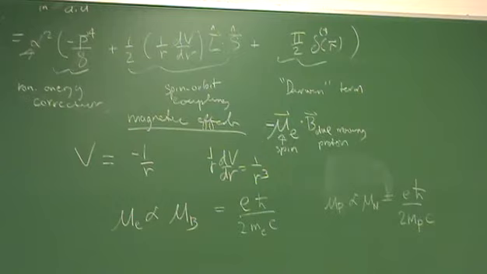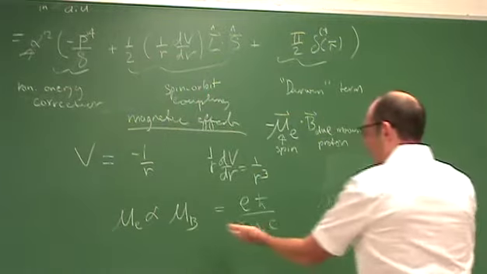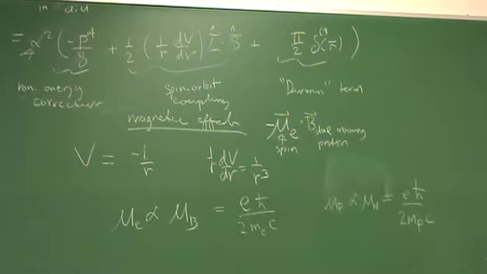If I think about this classically, I think about a spinning ball of charge. The magnetic moment depends on the charge to mass ratio. So the charge is the same, the angular momentum is the same, but the mass is different. And so the magnetic moment is different. And this ratio is about 2,000. All right, but we'll come back to that.